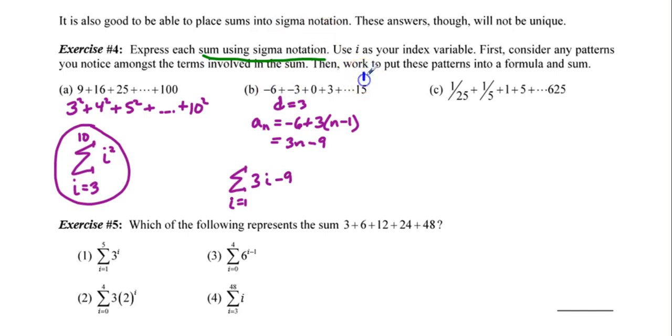So, how many times do I need to keep adding by 3 to get to 15? So it's 3n minus 9, and when I add 9 to both sides, I get 24 equals 3n. Looks like n equals 8. So I believe the final term of the sequence is going to be the term that has an i value of 8.